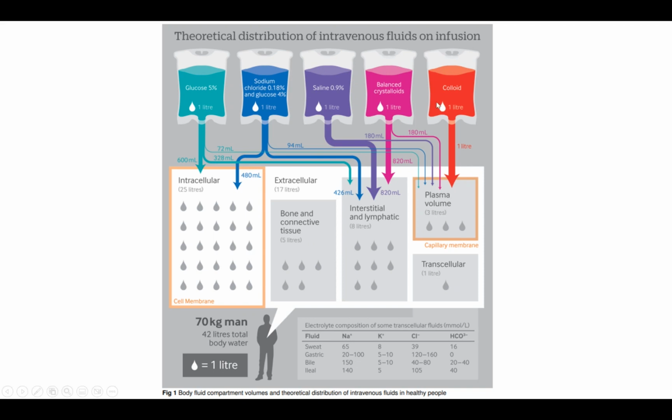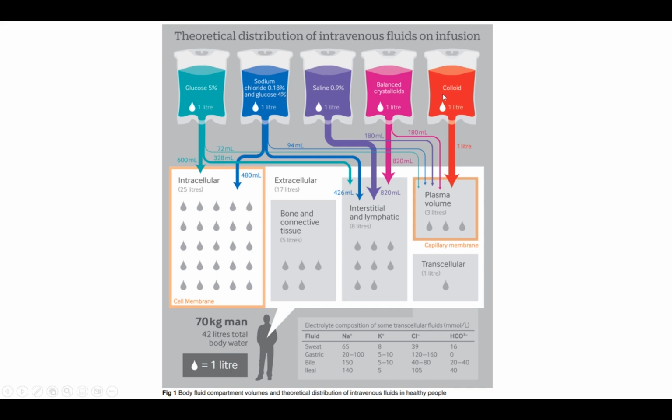Now, when you give a colloid, such as albumin, essentially the majority of the colloid will be confined to the intravascular space or compartment. So almost 90 to 100% of the colloid will be intravascular and will expand the intravascular volume.